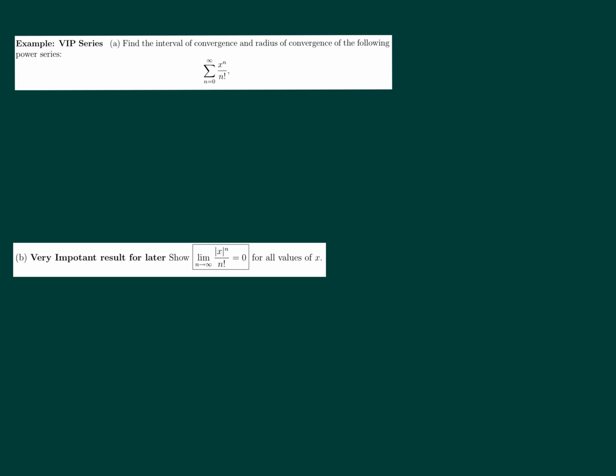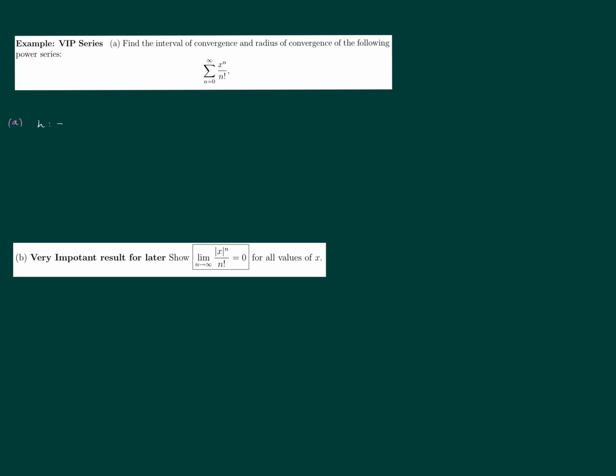Okay, so the next example is a very famous, very important power series. It is the sum n goes from 0 to infinity, x to the n over n factorial. Okay, so we're asked to find the radius and interval of convergence of this power series.